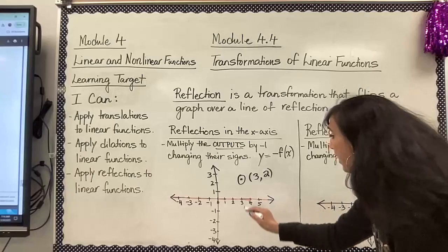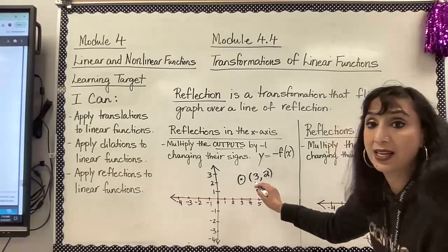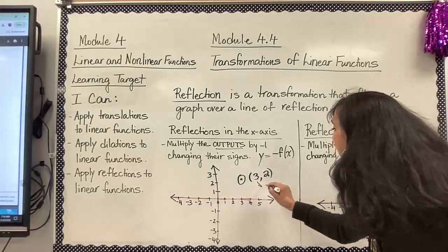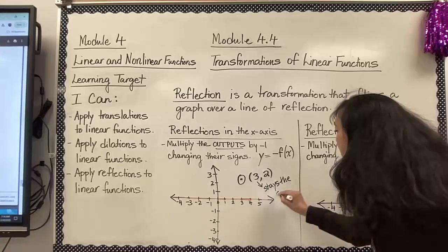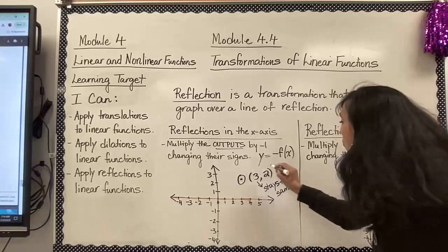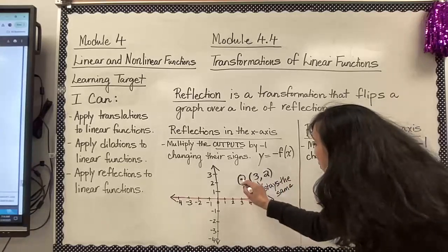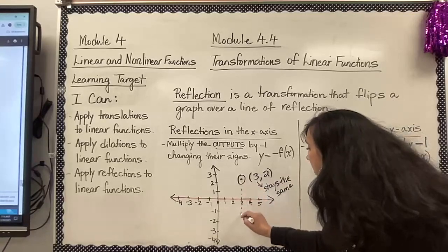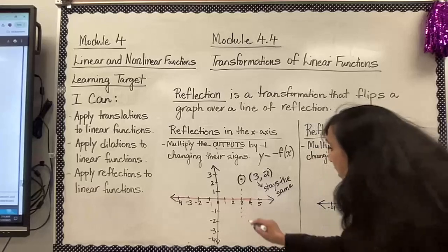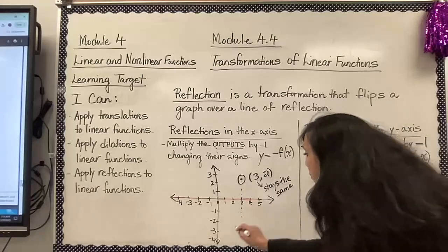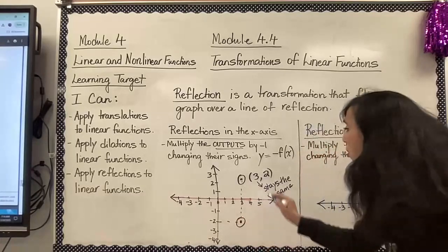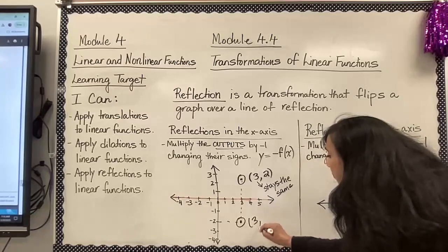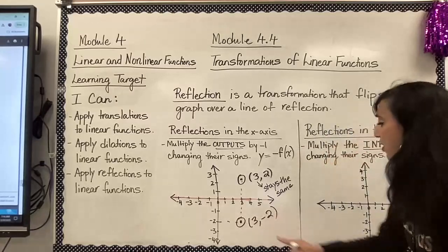If I'm reflecting here, look, what is x? It is 3. So this stays the same. And what happens to the y? Look, I'm going to go here and I'm going to reflect the same distance here, and it said 3 and 2. So this is going to be 3 and -2. So this is what the reflection means.